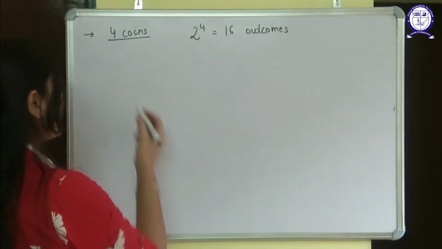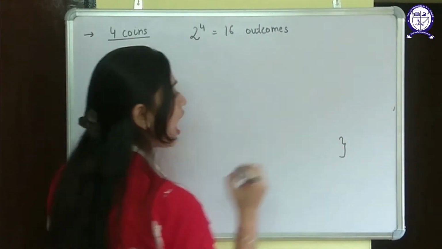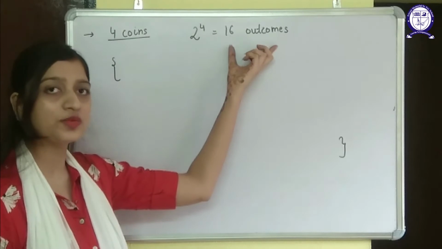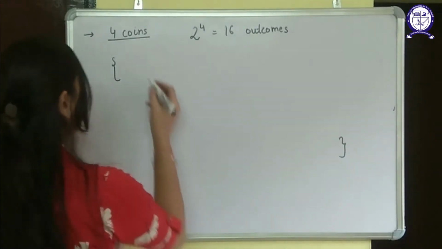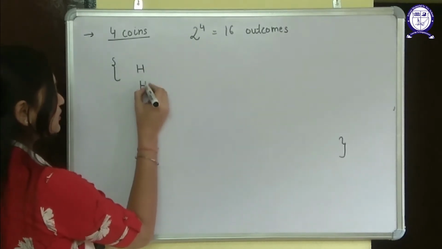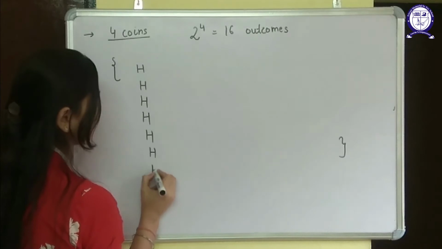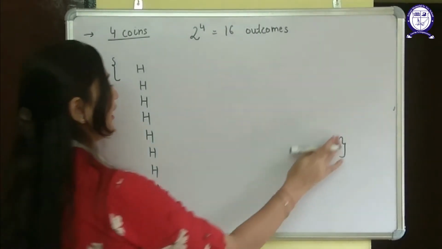So I will apply my trick. Now what was my trick? Taking half of the total number of outcomes. I have 16 outcomes, so I will take half of it, that is 8. So I will write head 8 times. Then I will write tail 8 times.